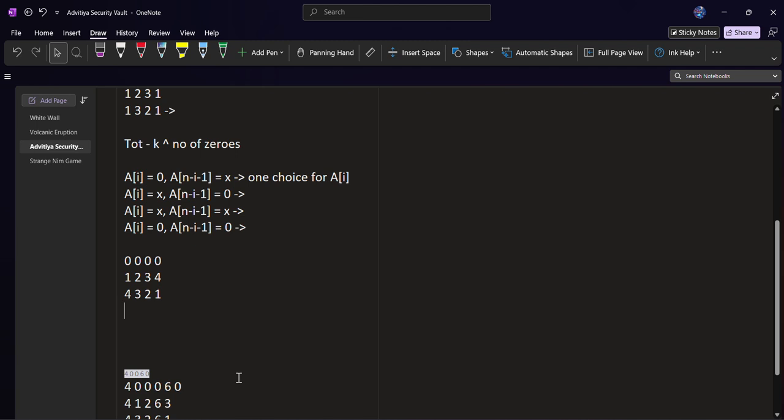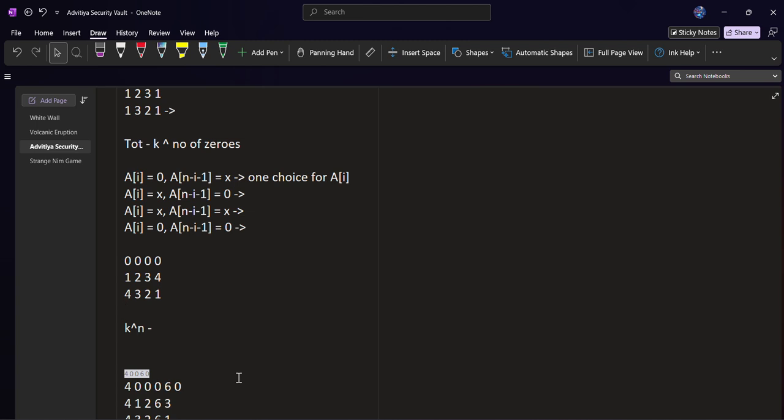Now, how many choices do we have here? We have k raised to power n choices, where n is the number of zeros here, and we have to subtract these 4 3 2 1 type.